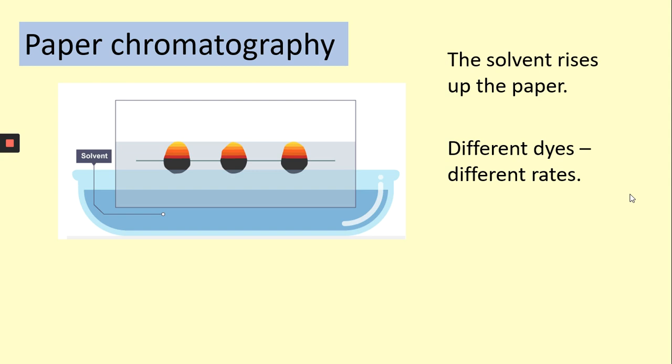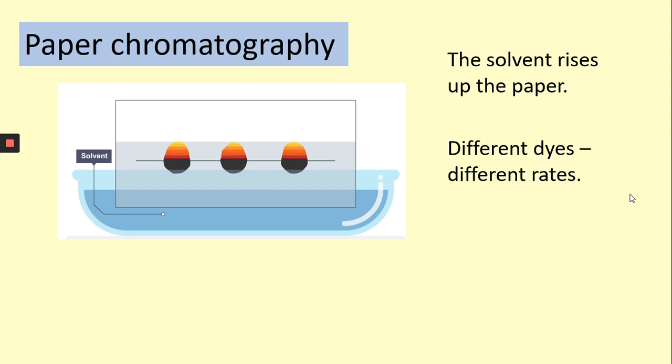Different dyes will move at different rates with different solvents. So let's say I used solvent 1 and it only rose about 4 centimeters, but with solvent 2, the same dye, the same food additive might actually rise 6 centimeters up the paper. So different substances travel different distances with different solvents.